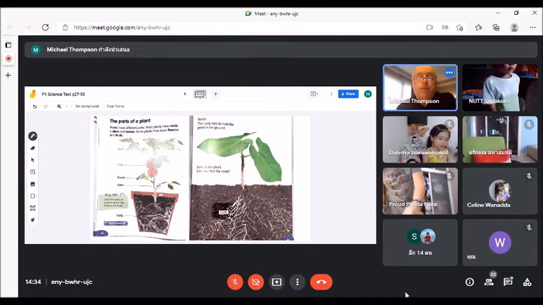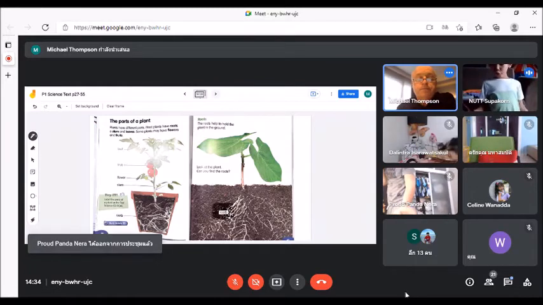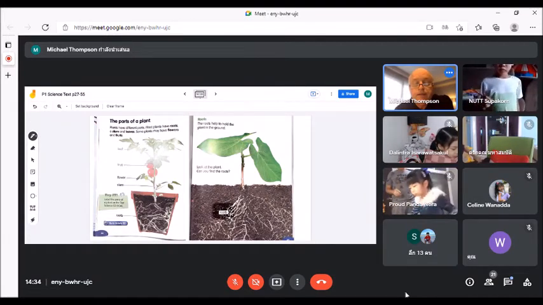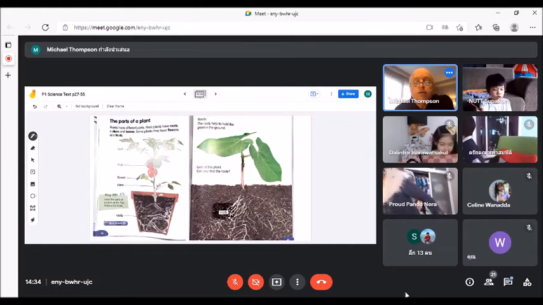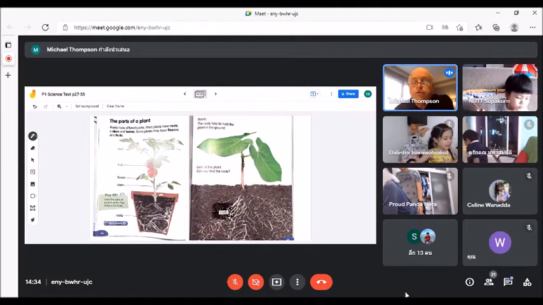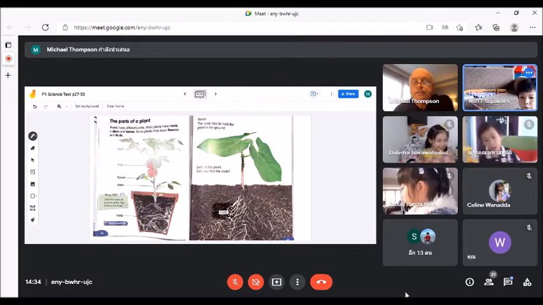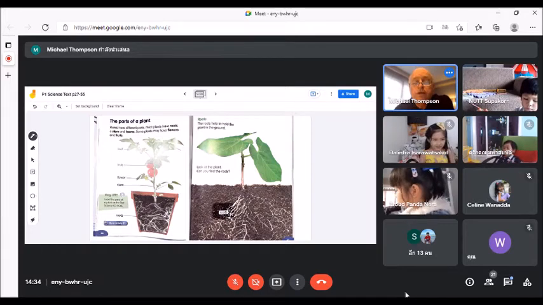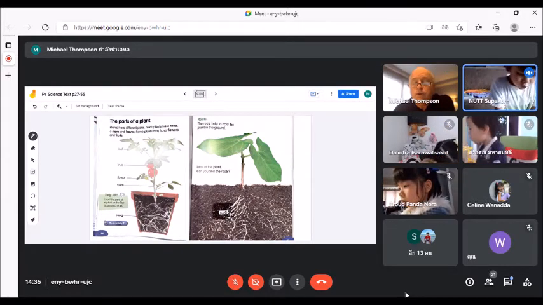And these are parts of a plant. Roots. Roots are down in the bottom. You are right. Okay. Why do plants have roots? What do the roots do for a plant? Stem. Well, before the stem, why does a plant have roots? What do these roots do for the plant? Fruit, yes.